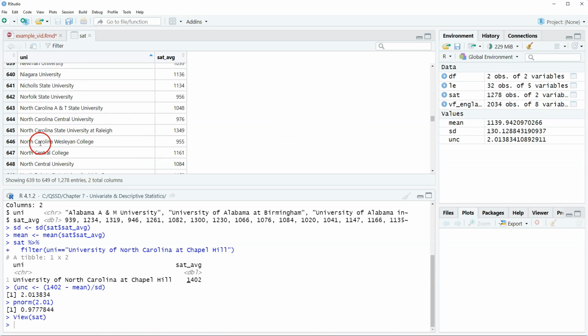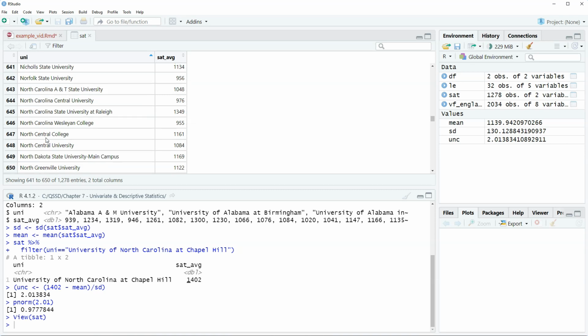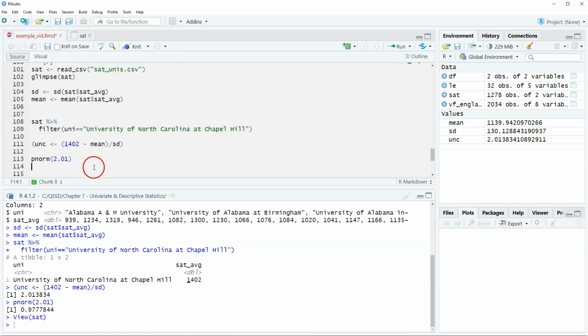Okay. Let's look at North Carolina State. That's one of the rivals of North Carolina. But you can see how it's phrased? People usually refer to it as NC State or North Carolina State. Here it's in the data as North Carolina State University at Raleigh, so it's very specific that it's the campus.